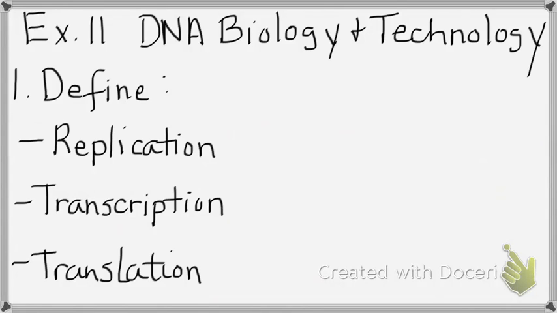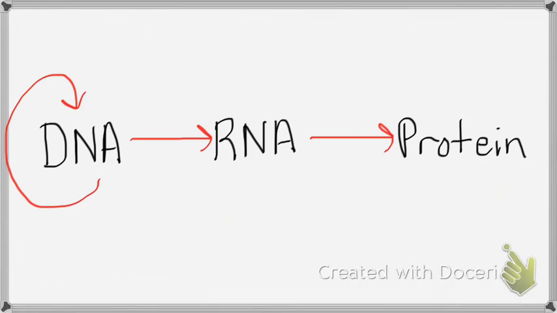Now, class, you can find these definitions in your lecture notes, which would be great, but I'd rather you apply them, so I drew this. You may recognize this. I drew it on the board downstairs before. It's what we call the central dogma, but what's most important is it is a brief description of how information flows through the cell.